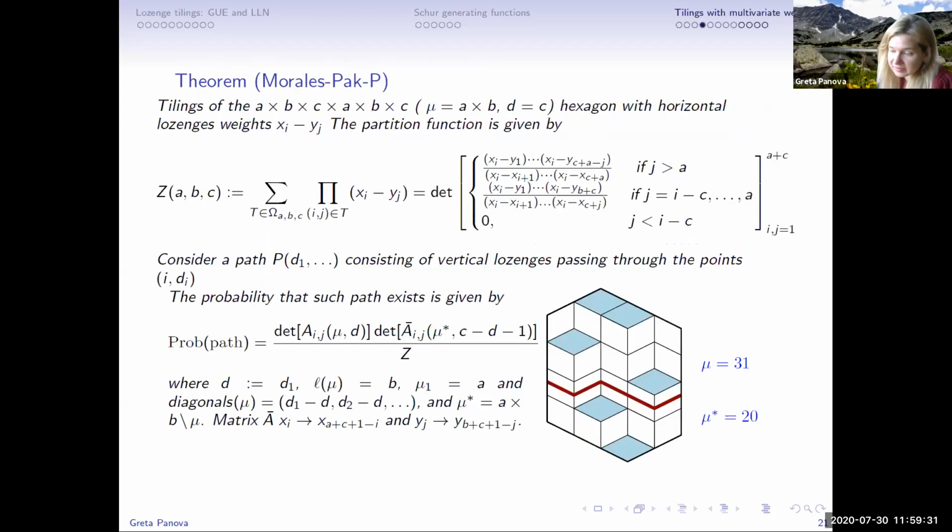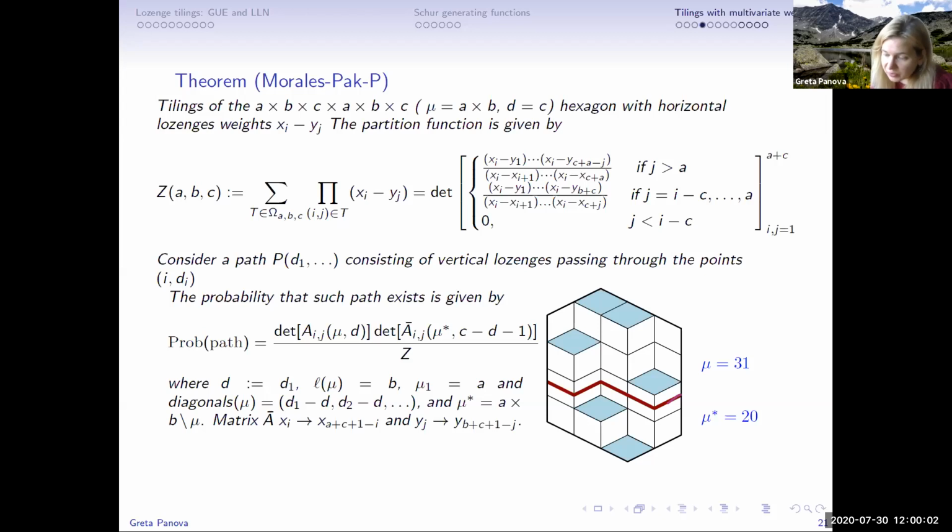And one can ask more questions. So say that, again, we have these weighted lozenge tilings, and I'm not substituting anything for the xi and yj because it depends on what application you want to have. Then using these formulas above, we can talk about tilings of the hexagon and the probability that we have a horizontal line cutting the hexagon like this.